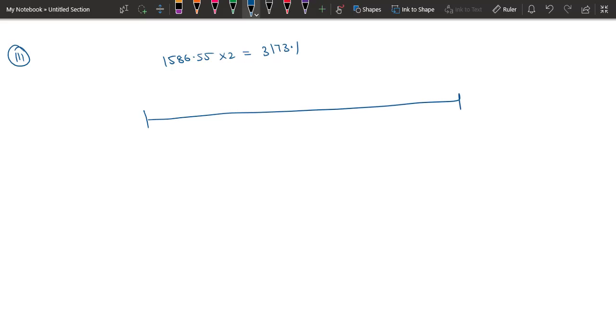So let me write it. 1586.55. So now after 6 years time, she wants to pay 3173.1 in order to repay the loan early, before 25 years.